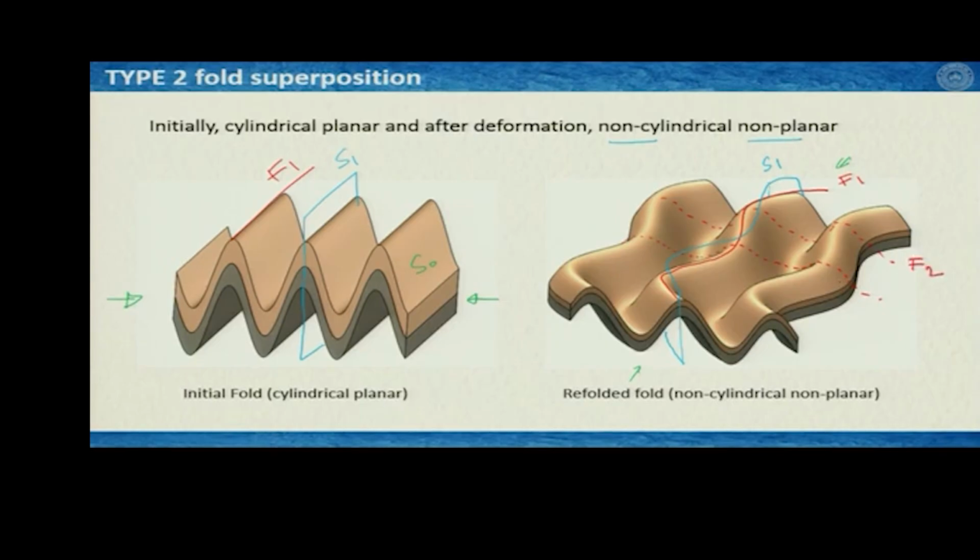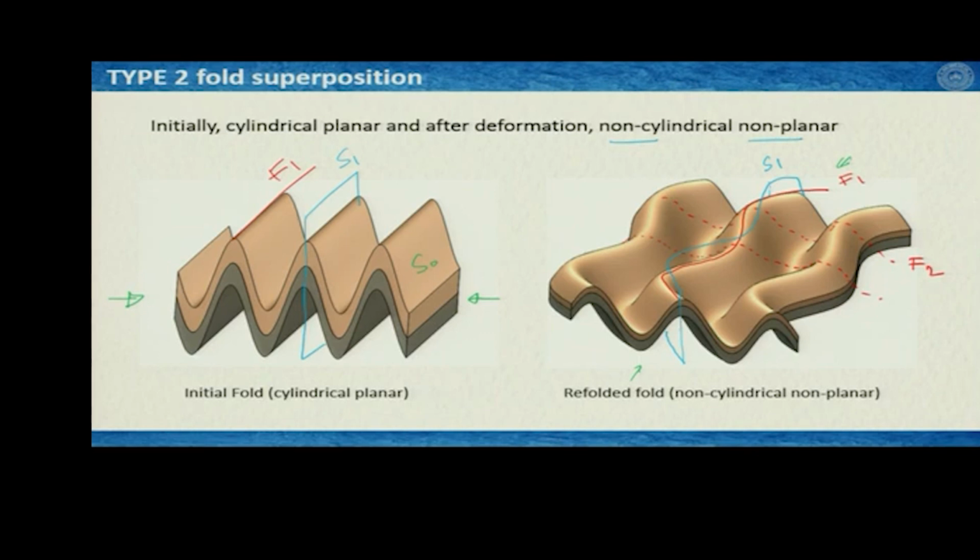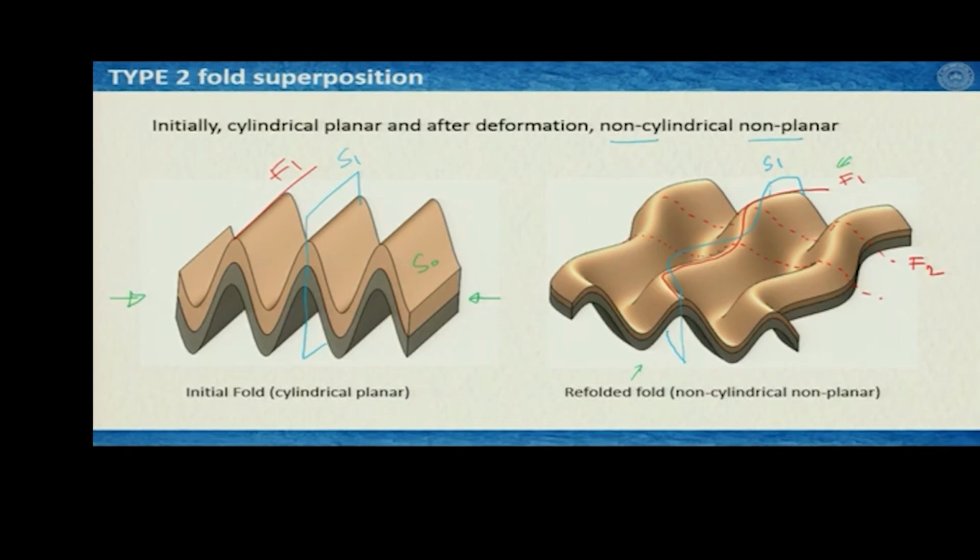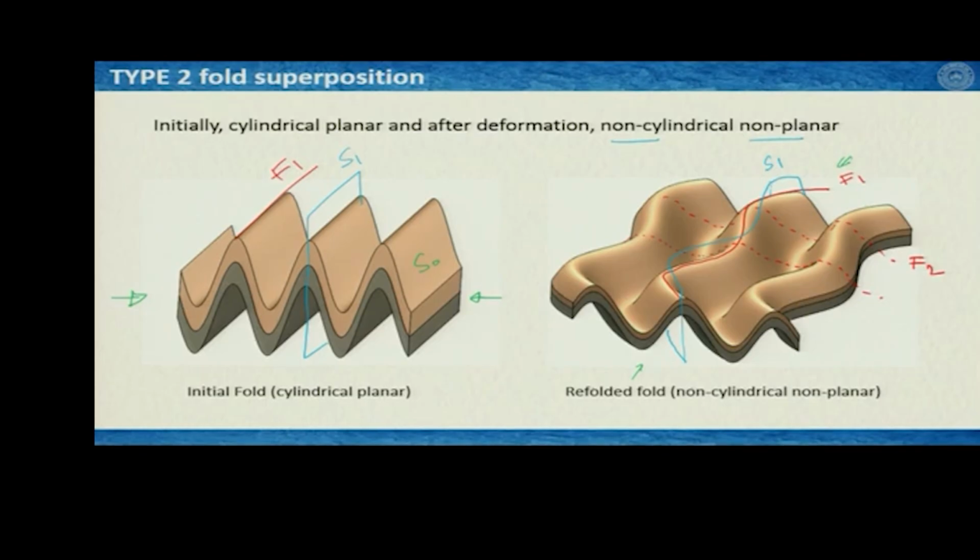And if this is F2, then you can guess what would be your S2. Now I am not drawing it, it is up to you, you figure out how this S2 would look like in this image. We will see this later in many cases. So this is type 2 fold superposition, where we develop non-cylindrical, non-planar refolded folds.